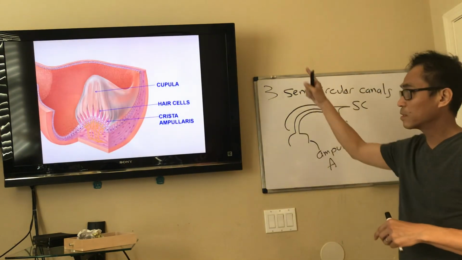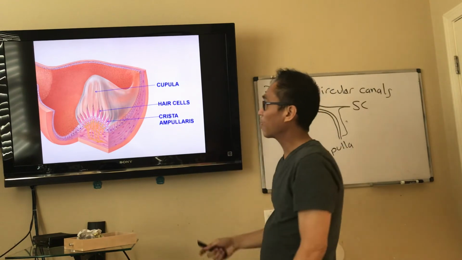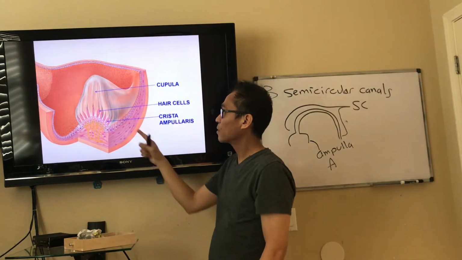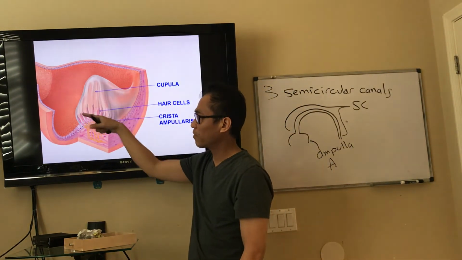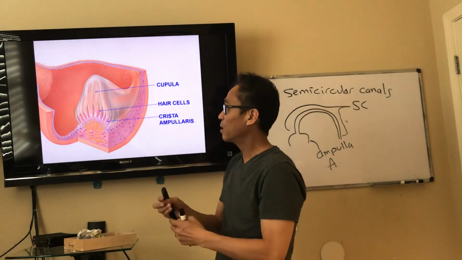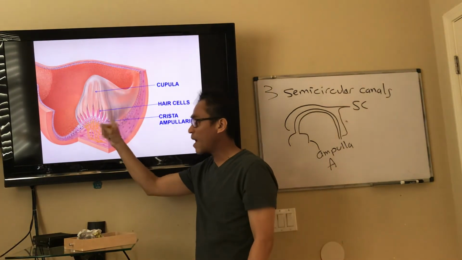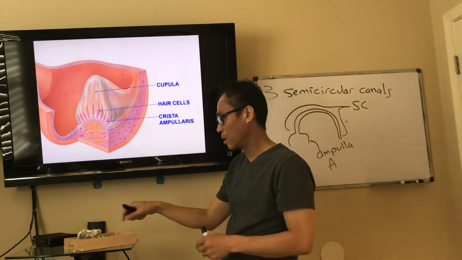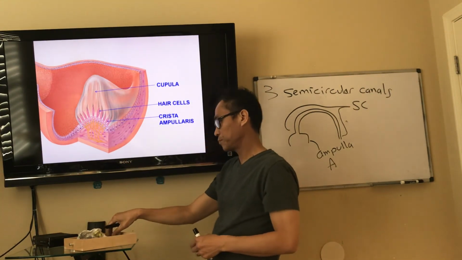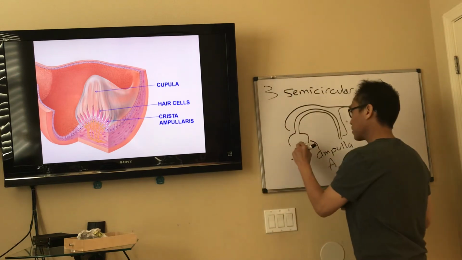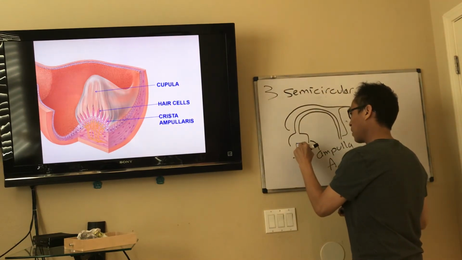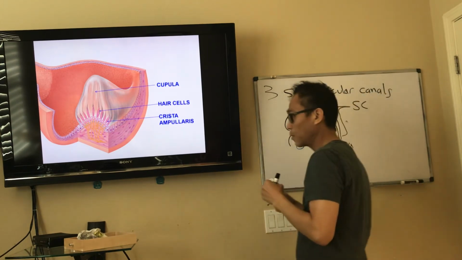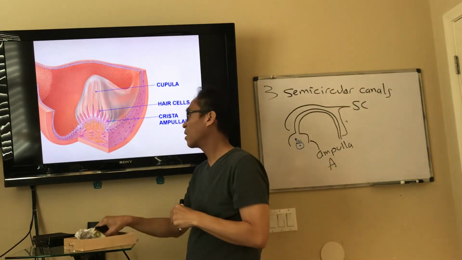So this is that. So what we see there is you have this structure here. There's a cupula. I think of a 70s lava lamp. It's a gelatinous structure, and that's got the hair cell stuck in it. Okay? So got a little cupula. Draw a little hair cell in there. And it's stuck in a little cupula.